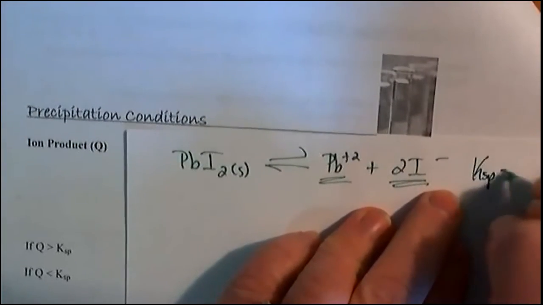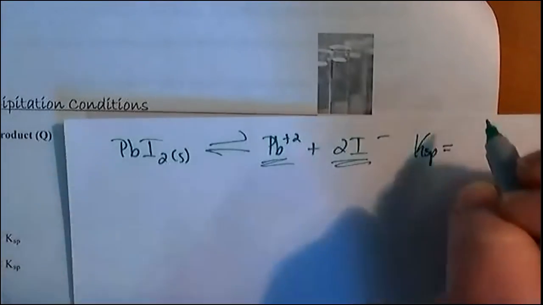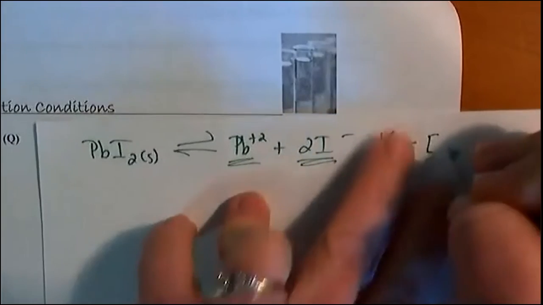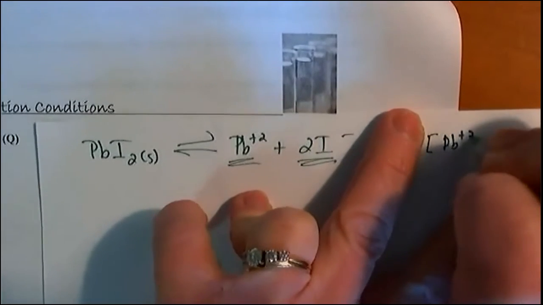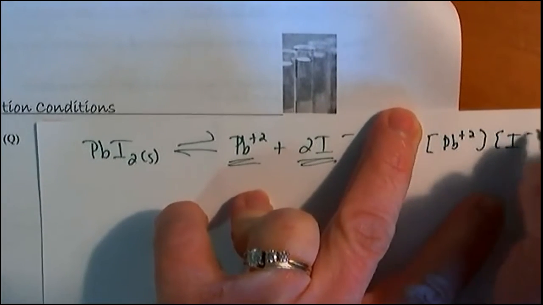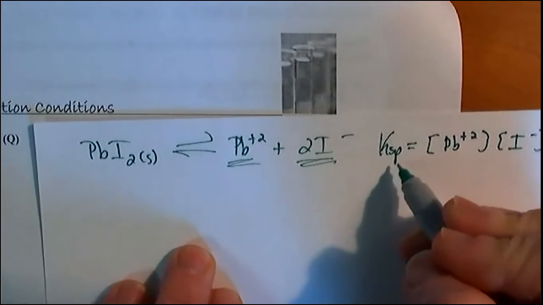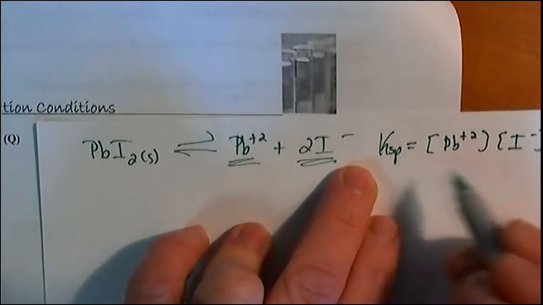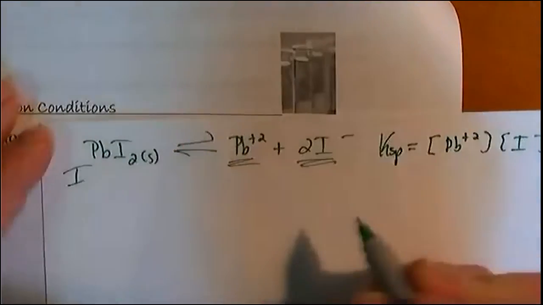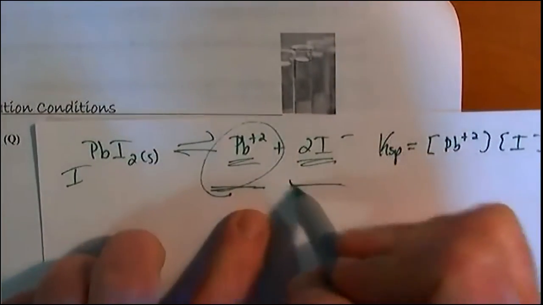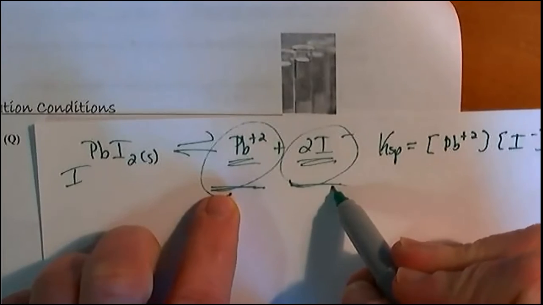And so if we take a look at KSP, that of course is at equilibrium. And we know this is describing a saturated solution. And so if we know our KSP value, then what we can do is say, okay, initially I have a certain concentration of lead and a certain concentration of iodide.